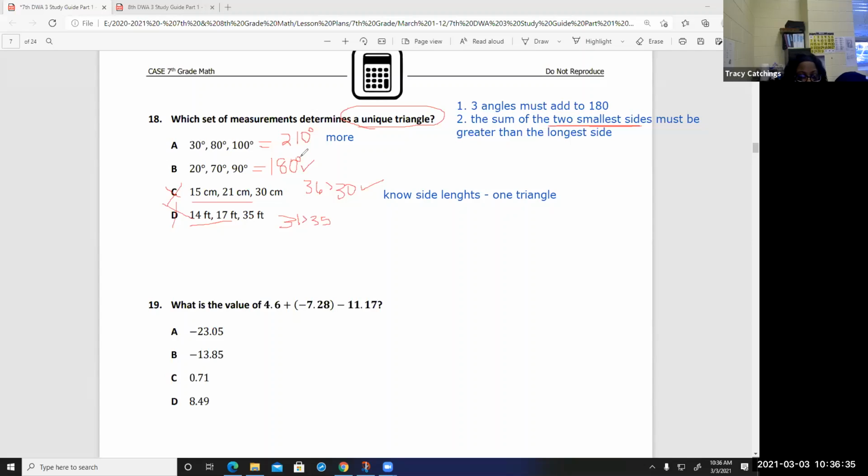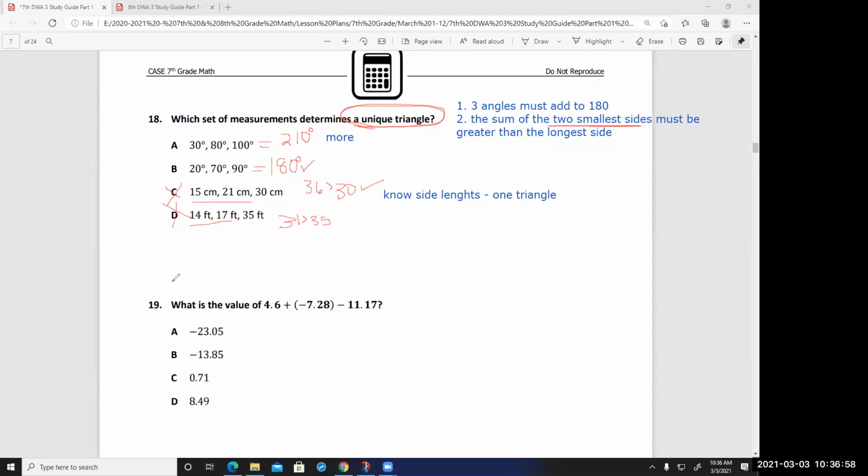All right, the second one added up to 180, and then the A added up to 210. Which one would give us a unique triangle? All right, looking at B, 180. Do I know my side lengths? So that means my side lengths and your side lengths, would they be the same or different?